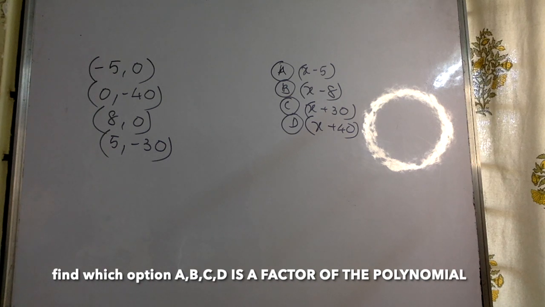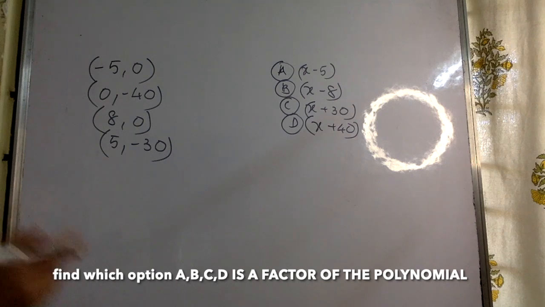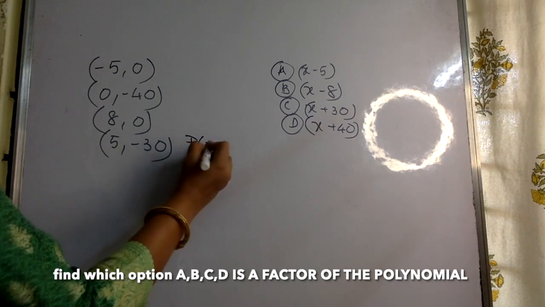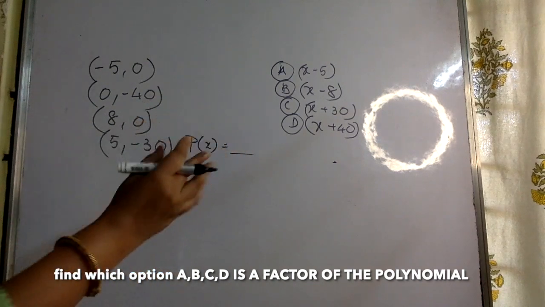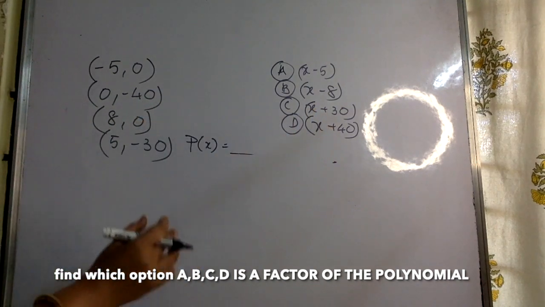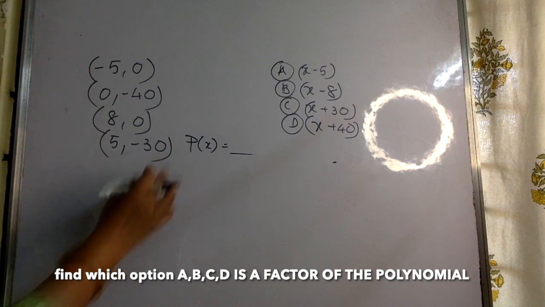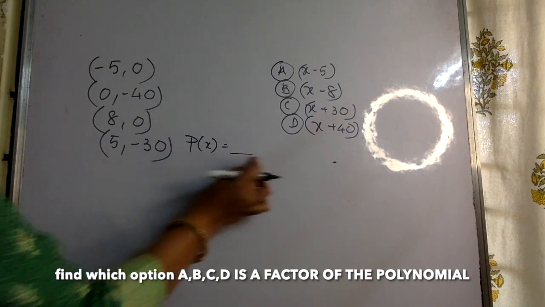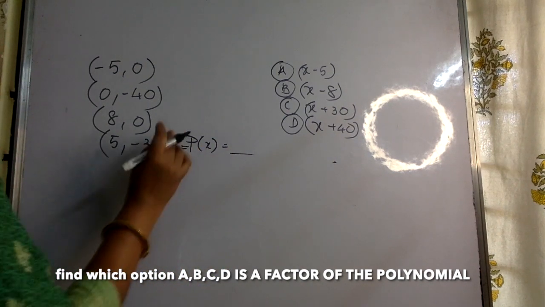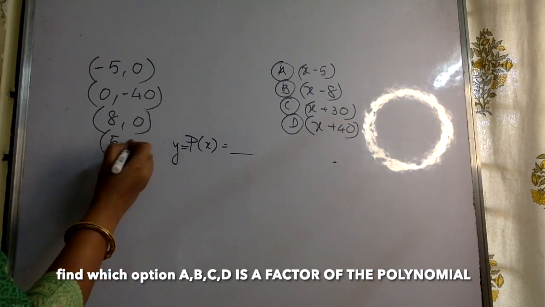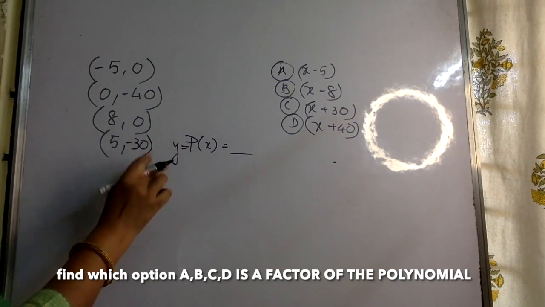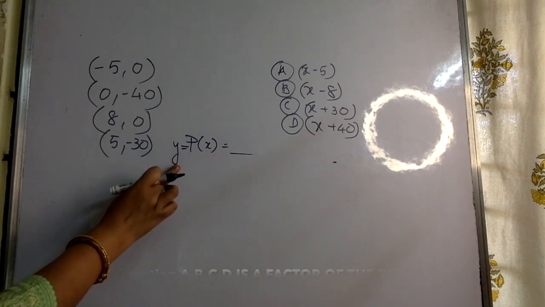One idea you all should have clearly: how do you write a polynomial? You write it like this, P(x), and then there's some expression in x. Remember, this is a function in x, and this P(x) is only your y.